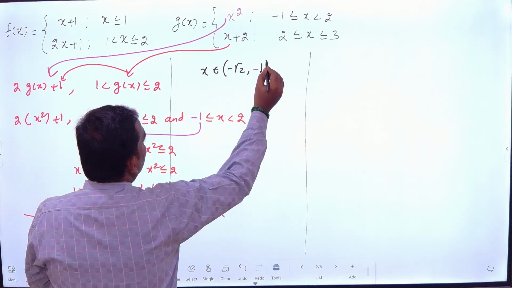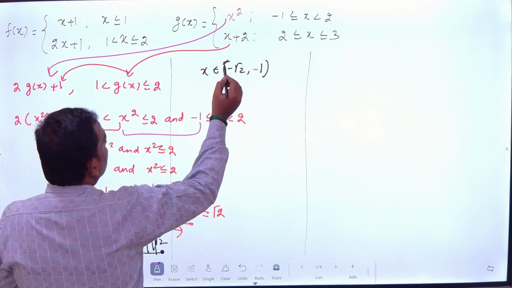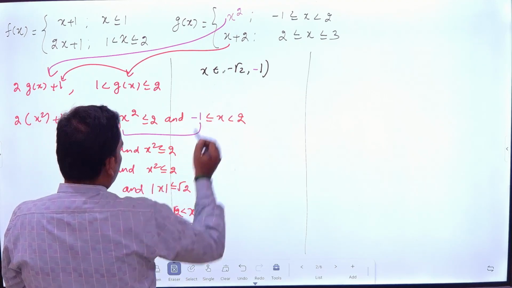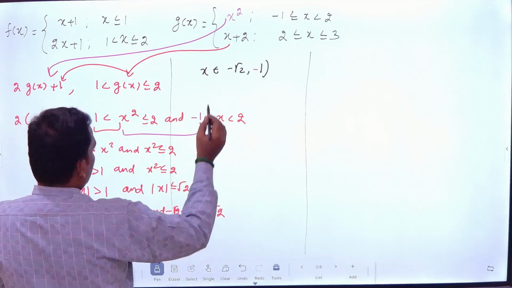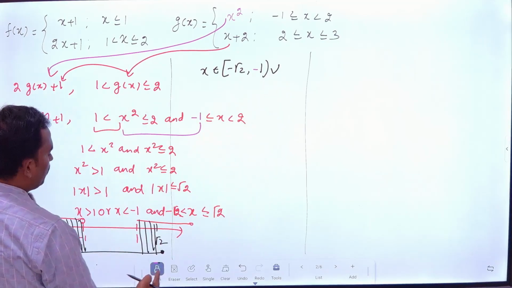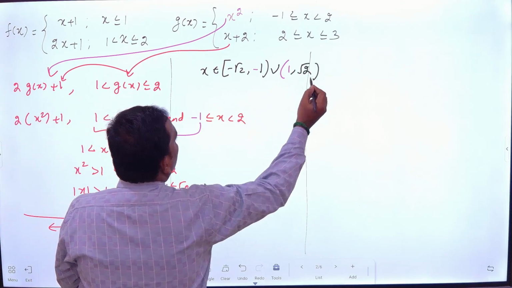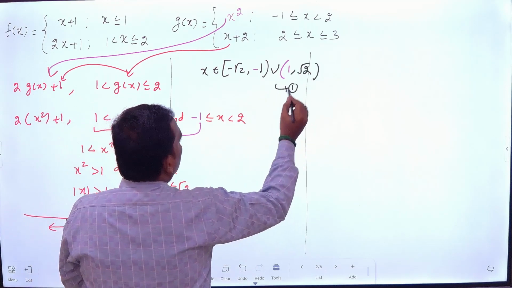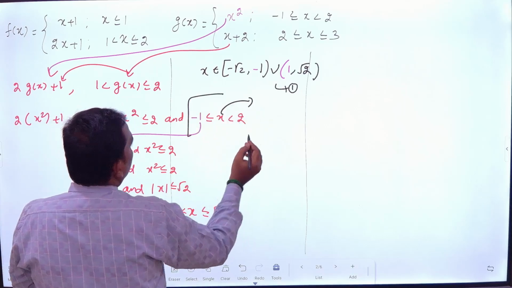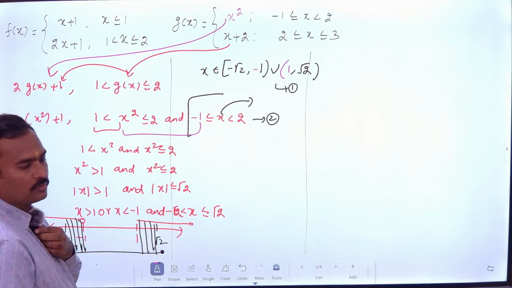Minus 1 is an open interval, but minus square root 2 will be included, right? I am including this. Okay, this is included. Union, so 1 to square root of 2, open interval 1 to square root of 2. Okay, this is the first one, and the second one we already have. Now you take the intersection of these two things, right?